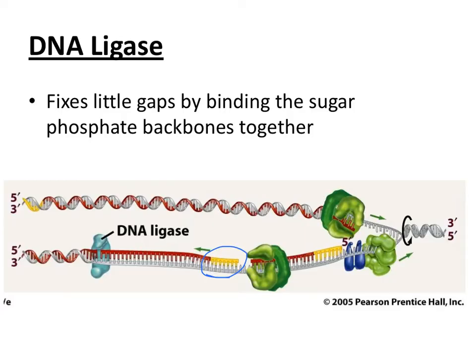However, that doesn't mean it will seal up those little breaks that occur, like you can see right in there, right before the primer. You need a different enzyme, which is called DNA ligase, that will come in and seal the sugar phosphate backbone together by creating the bond between the sugar and the phosphate.